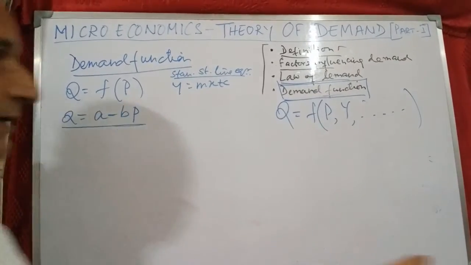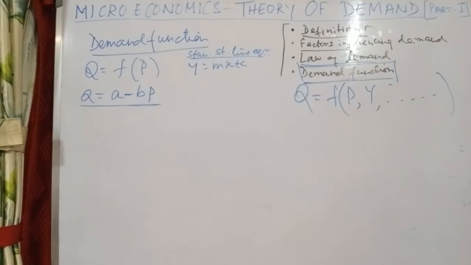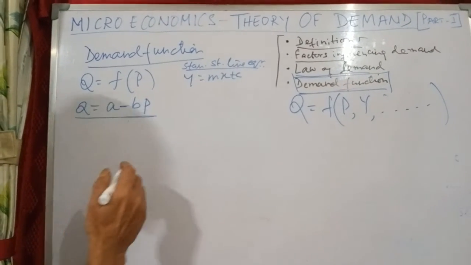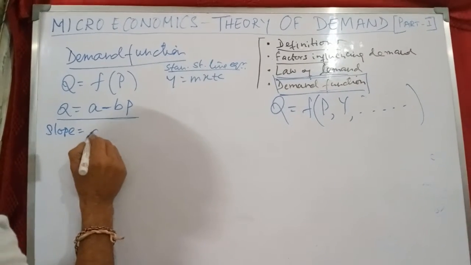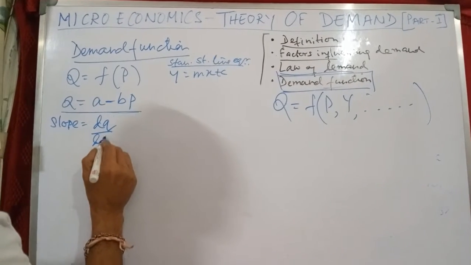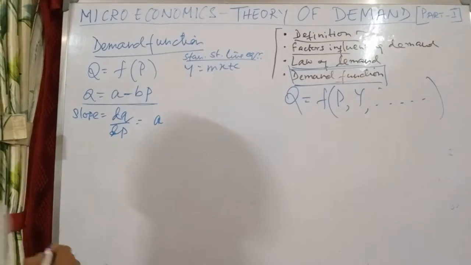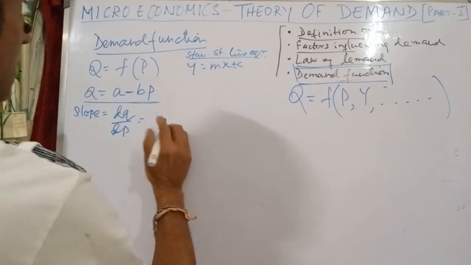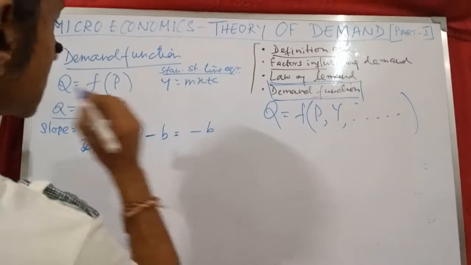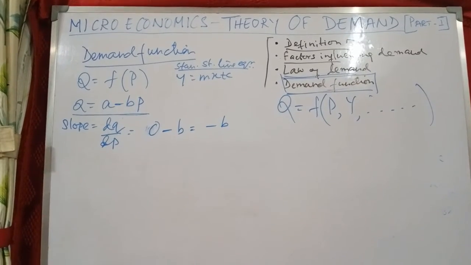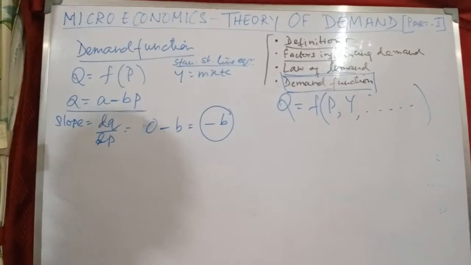Now since it is a straight line, the slope of the line will be the same throughout. Now what is the slope? Slope equals delta Q by delta P equals 0 minus B, that is minus B. So minus B is the slope of the demand curve.